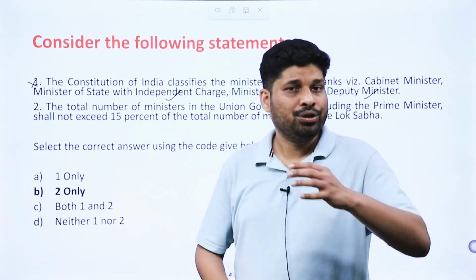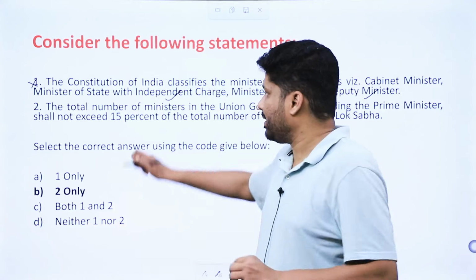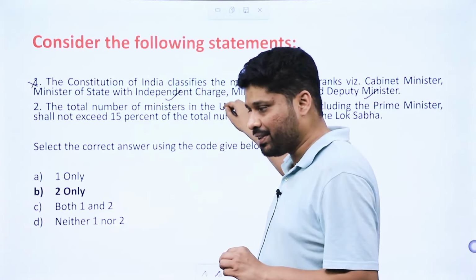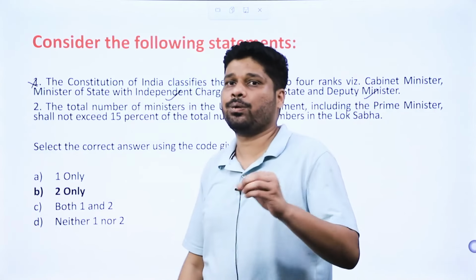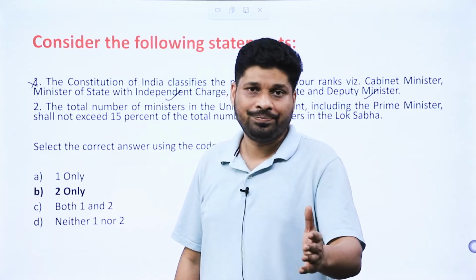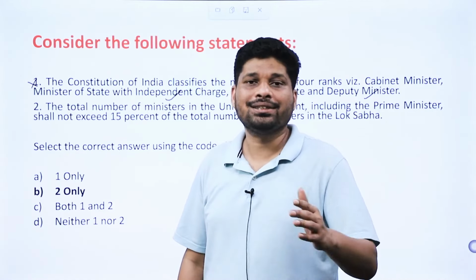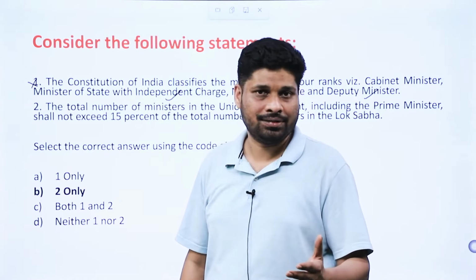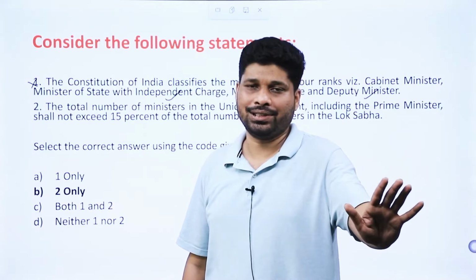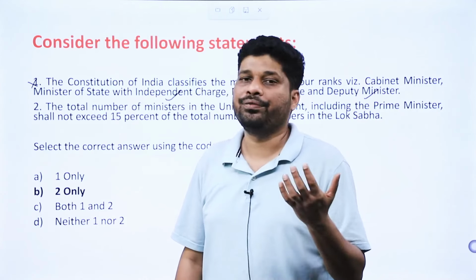You must not have read anywhere that the differentiation of the types of ministers is provided by the Constitution. If you are not able to remember it, obviously that statement is not correct, my dear friends. What you have not read is incorrect. For the prelims examination, you have to develop that certainty.